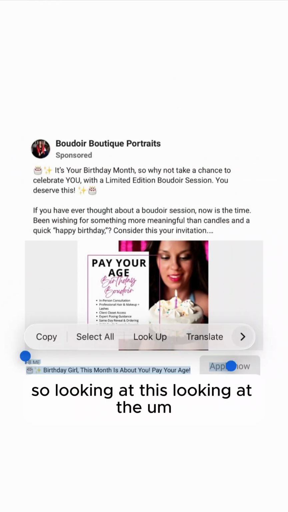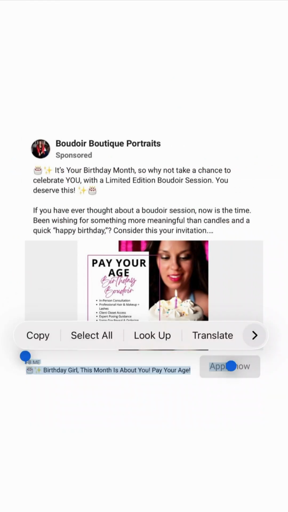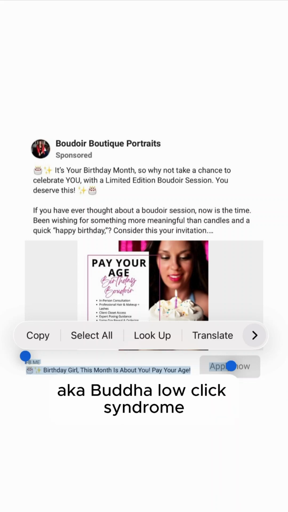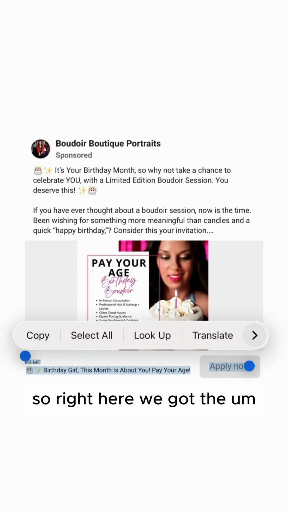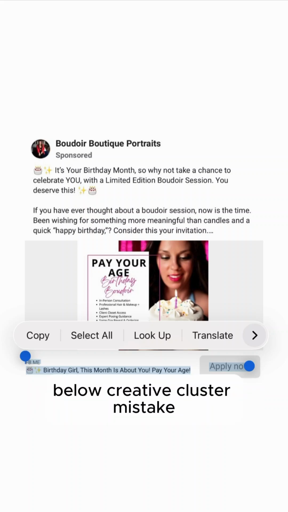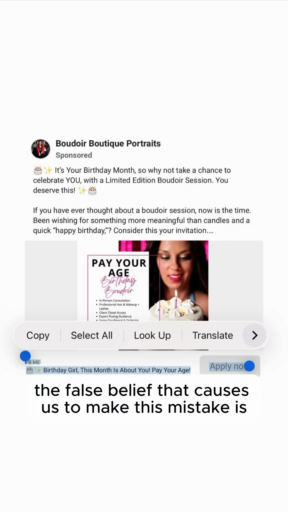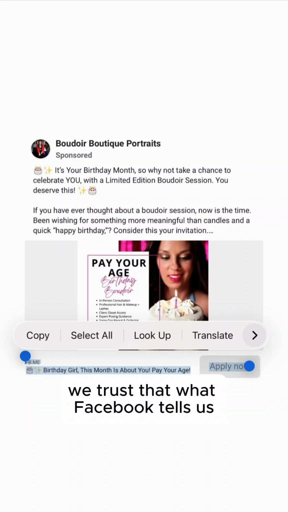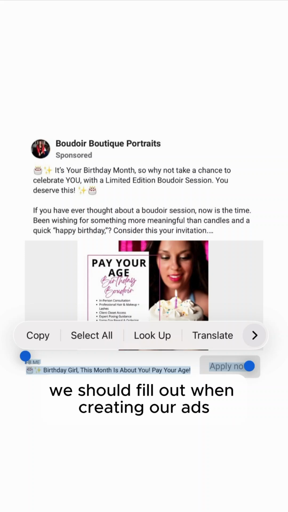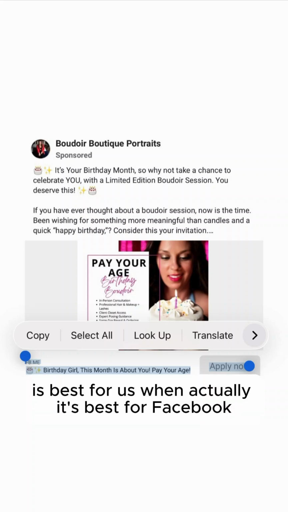So looking at this, we're going to diagnose it, see if we believe it has BLCS, aka Boudoir low click syndrome. Right here we've got the below creative cluster mistake. The false belief that caused us to make this mistake is we trust that what Facebook tells us we should fill out when creating our ads is best for us, when actually it's best for Facebook.